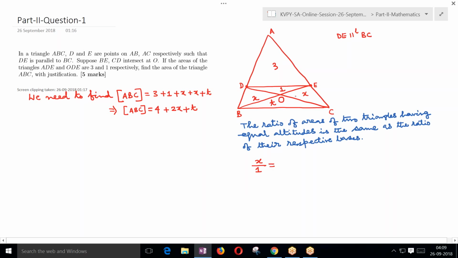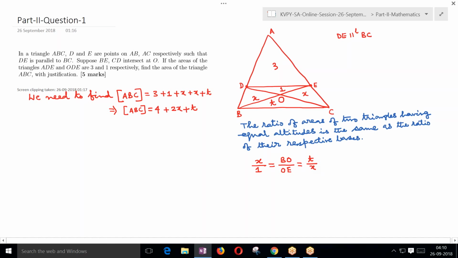So x by 1 is what? x is the area of the triangle BOD, and the altitude here is the same, so it is equal to BO by OE, because OE is the other base, since the altitude has to be the same. That should also be equal to T by x. Why will it be equal to T by x?